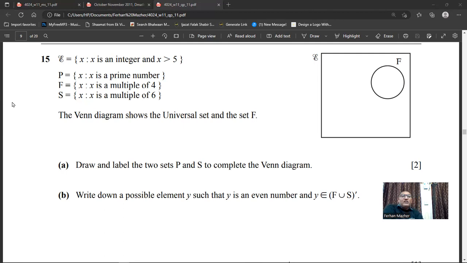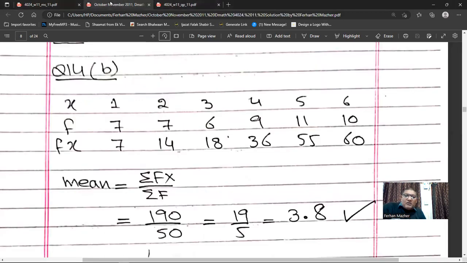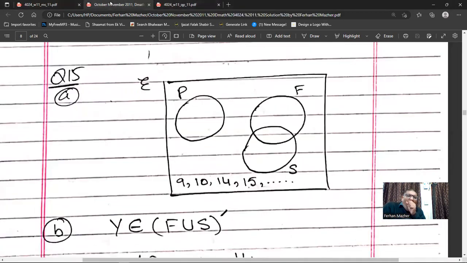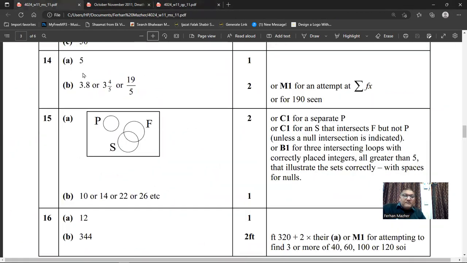It's a 2 marks question. P has nothing common with any of these sets. So let me show you. This is the answer: F and S have a few things common. This is P, which are the prime numbers. So you can see this answer.